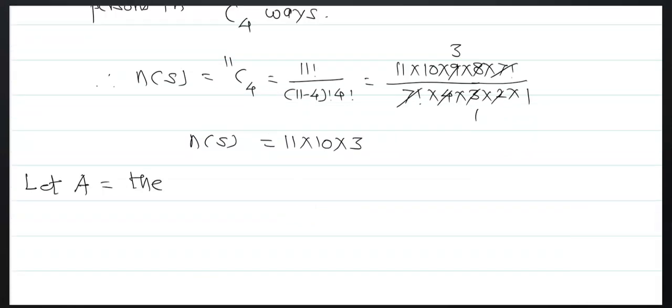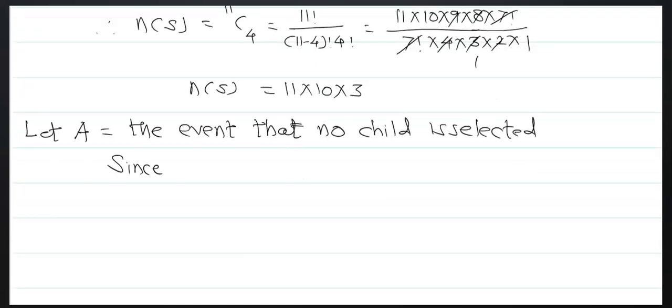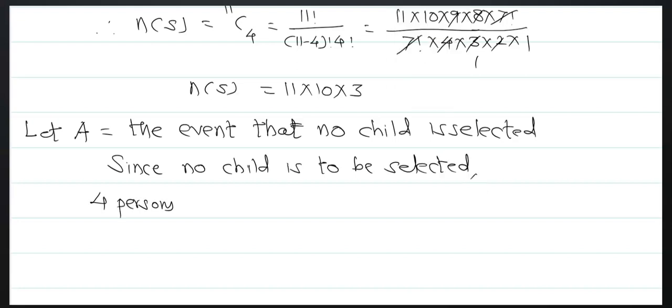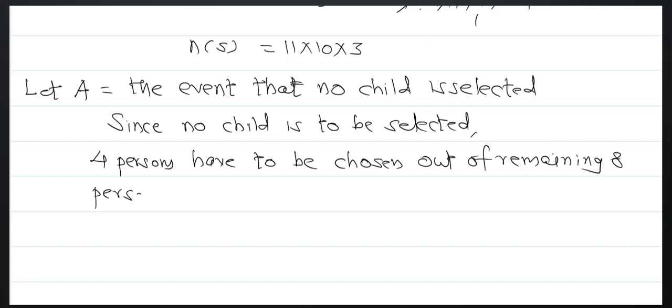Let capital A be the event that no child is selected. Since no child is to be selected, 4 persons have to be chosen out of the remaining 8.